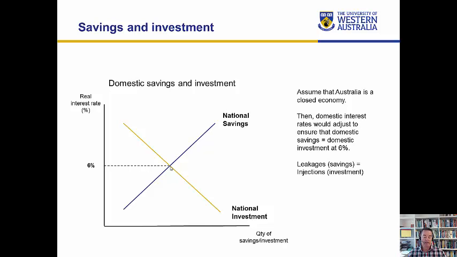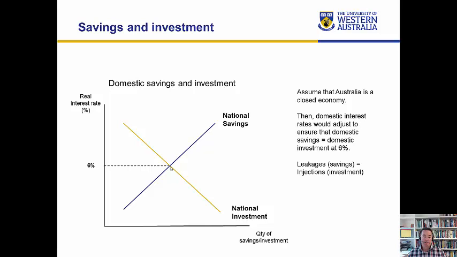If you want to start thinking about different debt markets, then the easiest way to rationalize this slide is to aggregate all of those debt markets up and say that at any point in time, across all of the debt markets, national savings and national investment must equal each other, i.e. the supply and demand of loanable funds must equal each other.